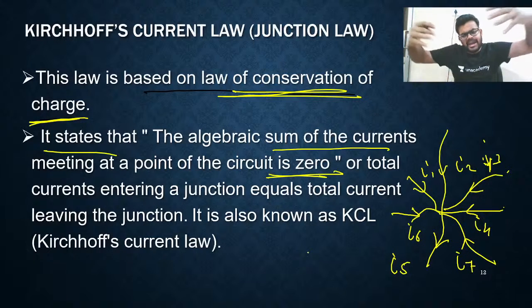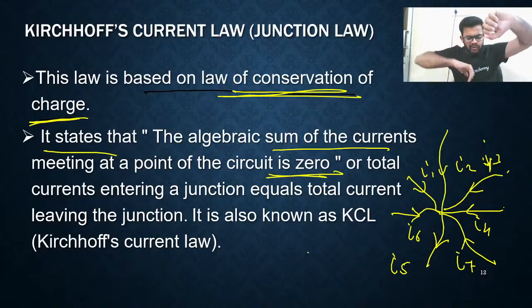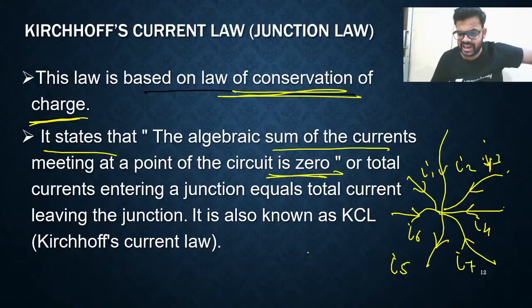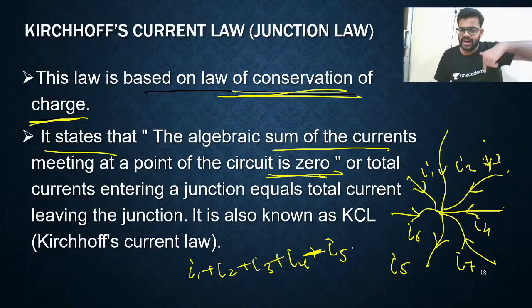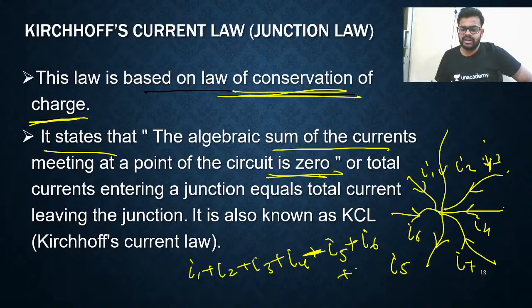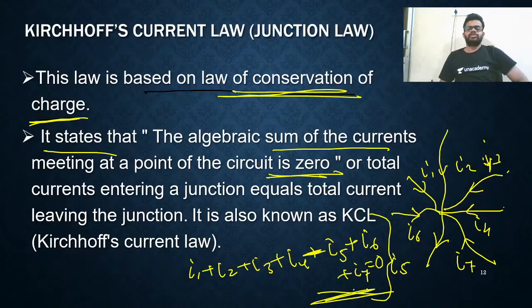All currents coming in, I'll take positive, and current going away from the junction, I'll take negative. So I get I1 plus I2 plus I3 plus I4, minus I5 because it is going away from the junction, then I6 and I7, and the sum of all of this should be equal to 0. Simply speaking, my dear friends, net current at the junction is always 0.